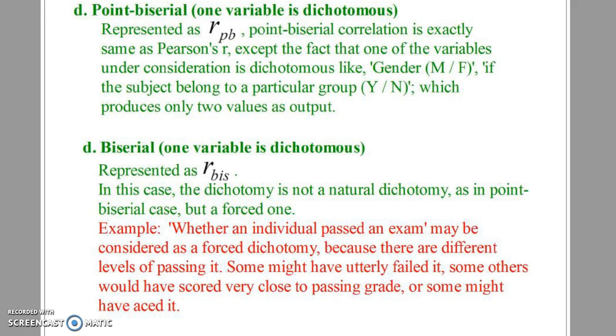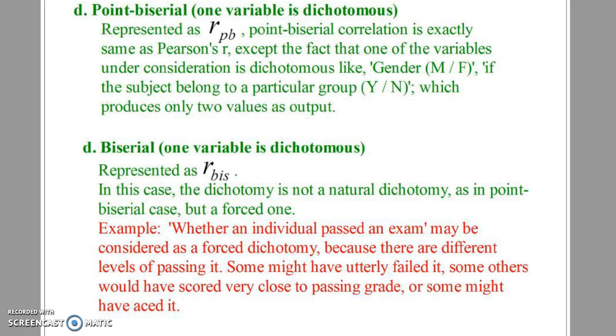On pages 59 and 60 of your book is where they talk about these things, the relationship between the height of the basketball player and whether they score any points. This bivariate relationship is between two data sets, in which one of them is a nominal data set, a dichotomous data set.